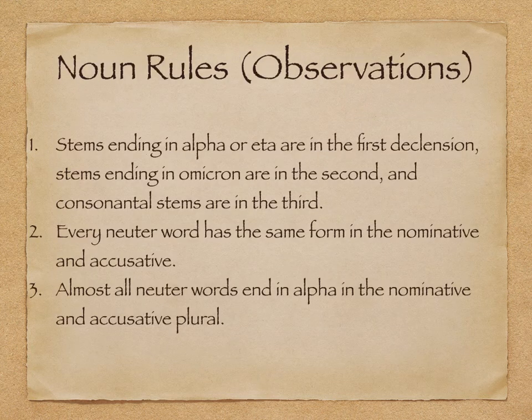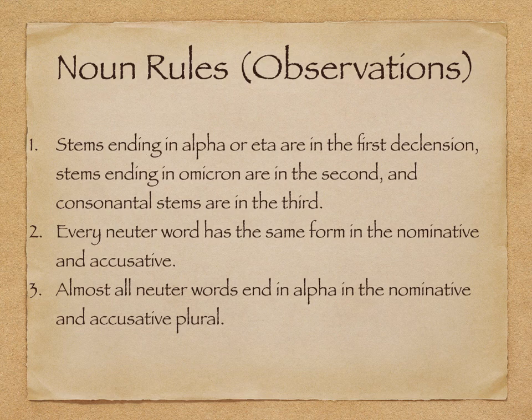So those noun rules, here we go, or we could say noun observations, if you will. These are the way that nouns behave. Number one, these just need to be memorized, but you'll observe them and just know them over time. Stems ending in alpha or eta are in the first declension. Stems ending in omicron, the second. Consonantal stems, the third. We saw a slide on that earlier.